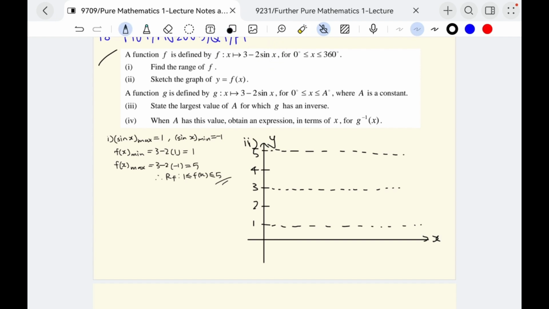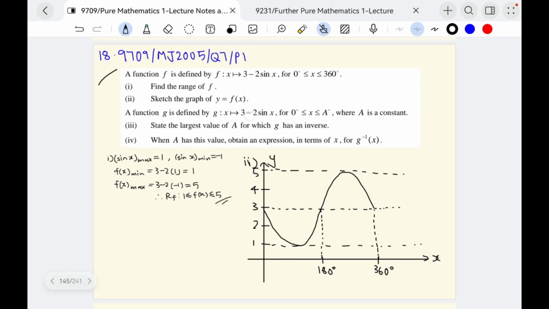So therefore, the result of the sine graph will look something like this. Don't forget to label its x coordinate: this is 2 pi. No, not 2 pi, it's 360 degrees, since the domain given is in degrees. So this is 180 degrees. So yeah, this is how its sketch looks.